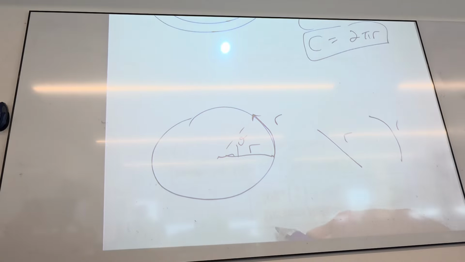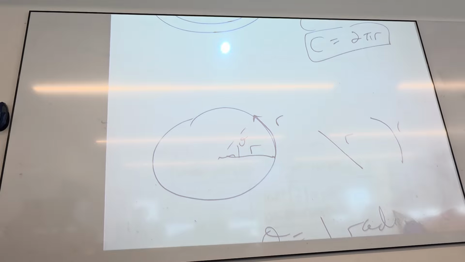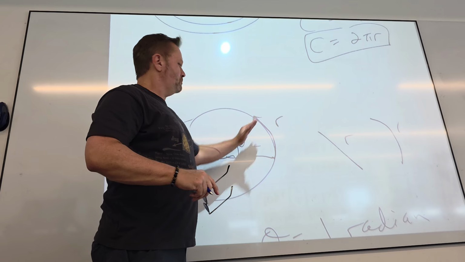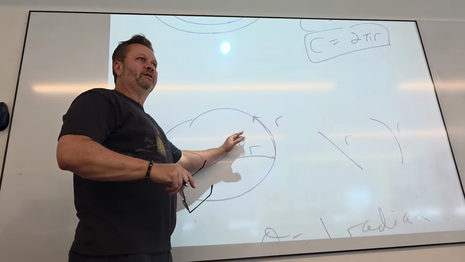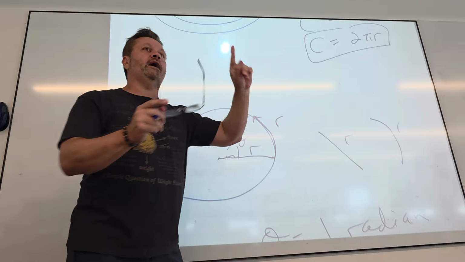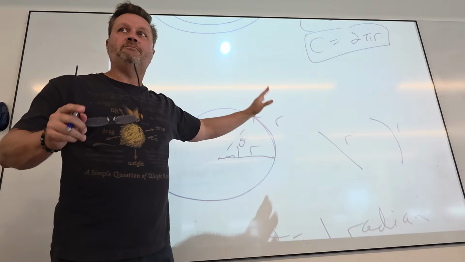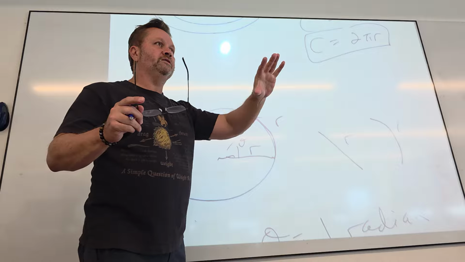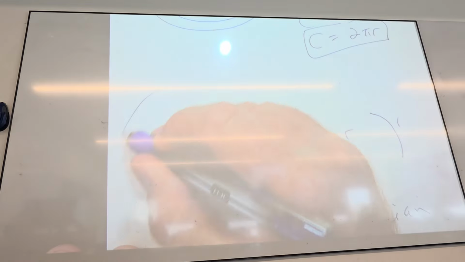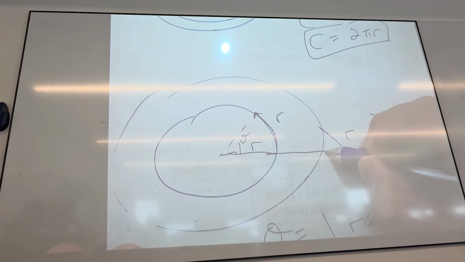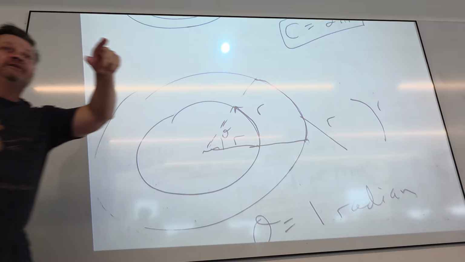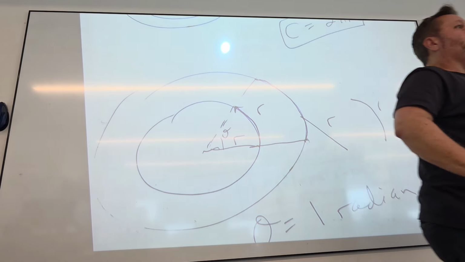If I do that, that angle is 1 radian. Because how many radii did it take to get me to go through that angle? 1! Do you understand how dumb that is? And is it based on a physical measurement? Yes. And if my circle gets bigger, my radius gets bigger, I therefore end up at the same exact place. So the angle is still 1 radian.